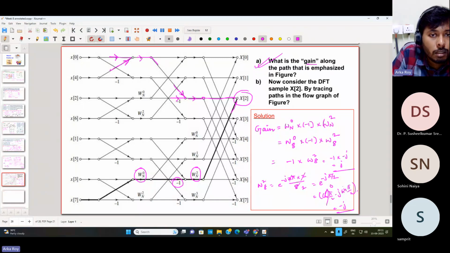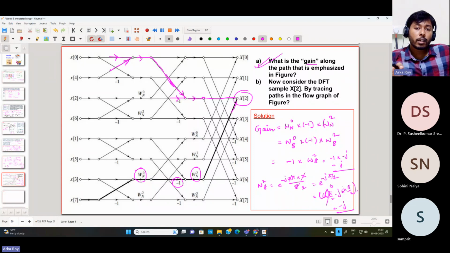So I need to track which are the possible pathways from which I can get x2. I need to track each and every pathway. So if I start with this particular line, the first operation is basically coming from this area.